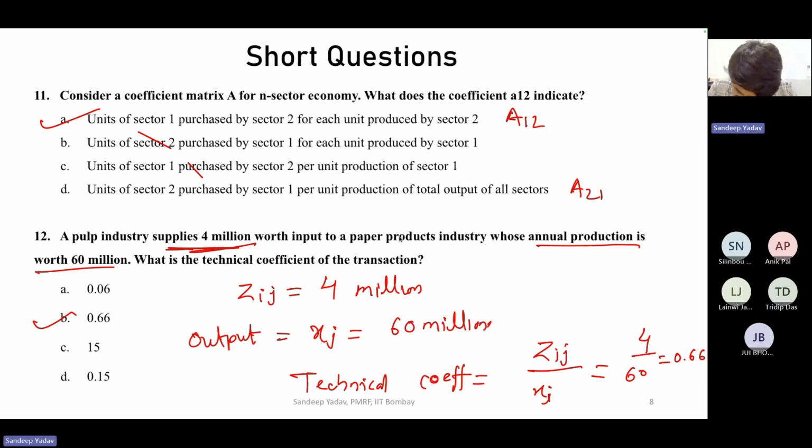Sorry, this is 0.066. So the answer would be A, 0.06. So we have to give the answer up to 2 digits. So that would be the answer. I hope it is clear.